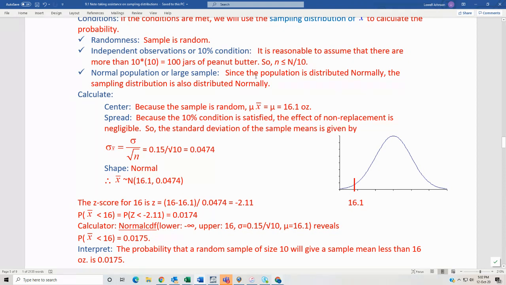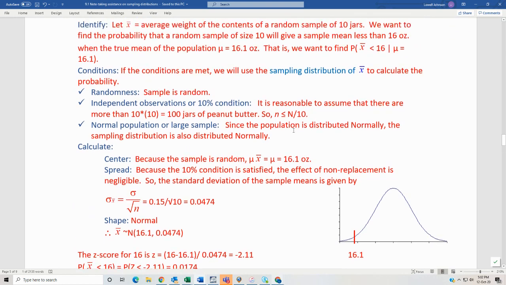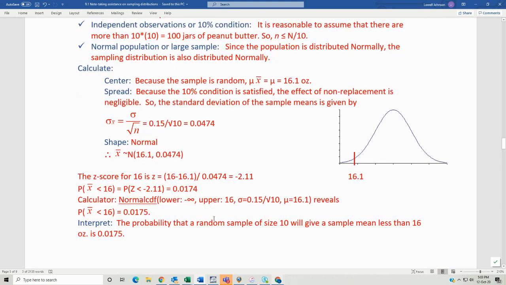And because the parent population was normal, the sampling distribution is also normal. So we know now that all my X bars are normally distributed with a mean of 16.1 and a standard deviation of 0.0474.